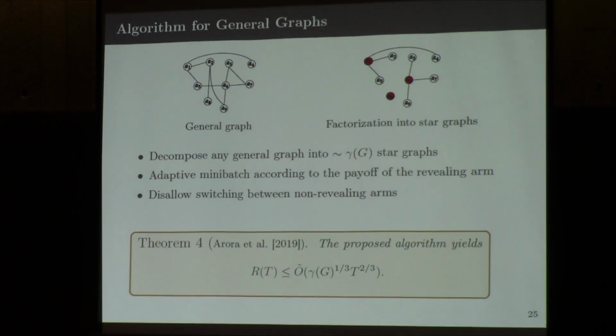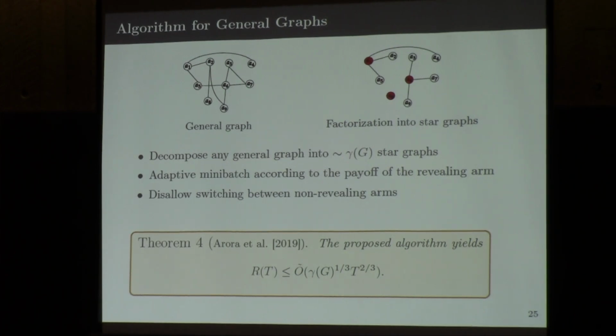There are two ways to think about the domination number. One is, let's say I have a general graph. What is the smallest number of star graphs I can decompose it into? Another way to think about this is a subset of my vertices on the graph, such that the vertices that are not in the subset are adjacent to at least one of the vertices in the subset. And this is really about the feedback that the player gets.